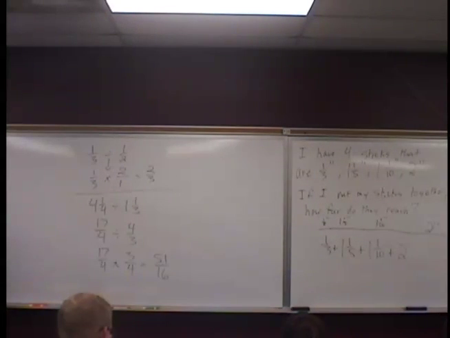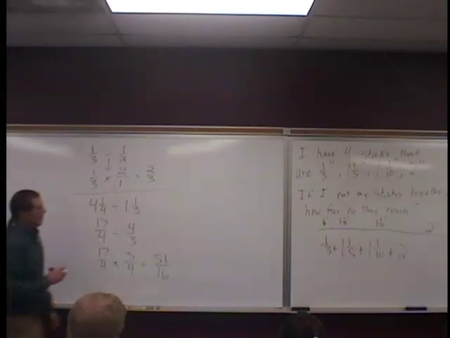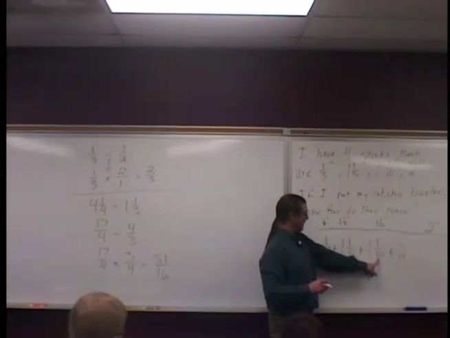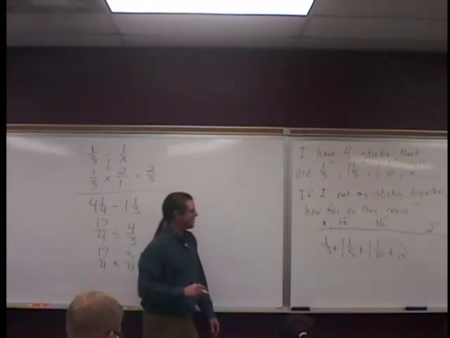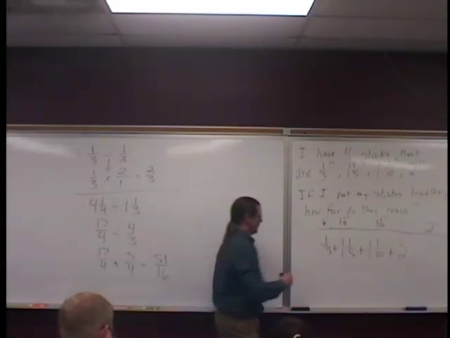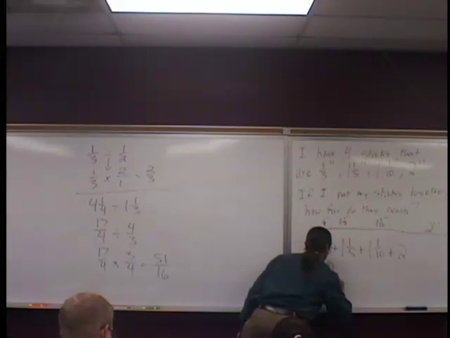How are you going to add those? Find a common denominator. What is a common denominator? 15 for these two, but we got a 10 in there. Yeah, 30. Okay, so to get this over 30, what are we going to do? Multiply by 10.